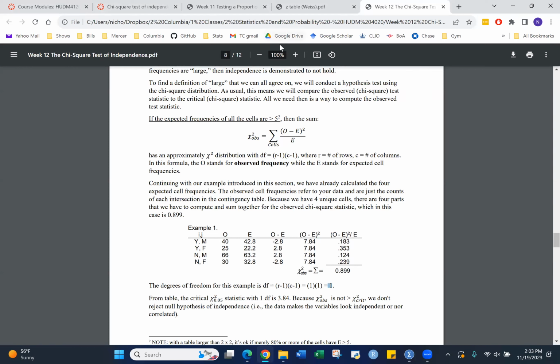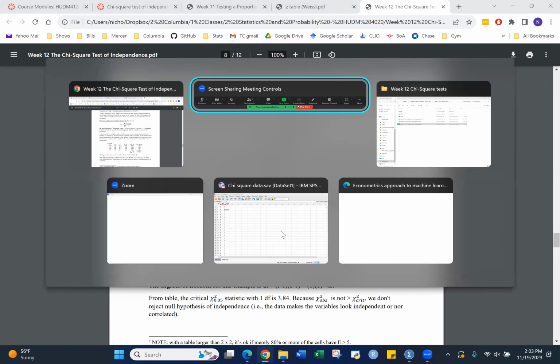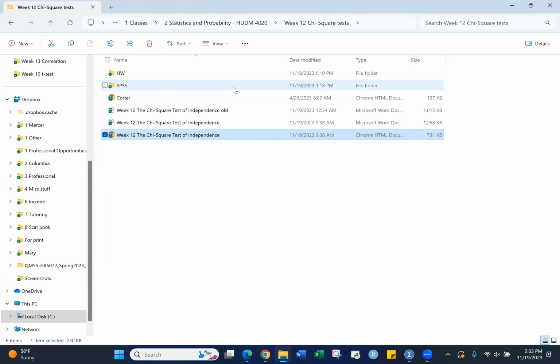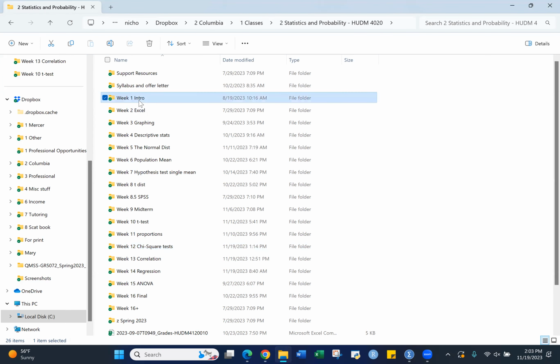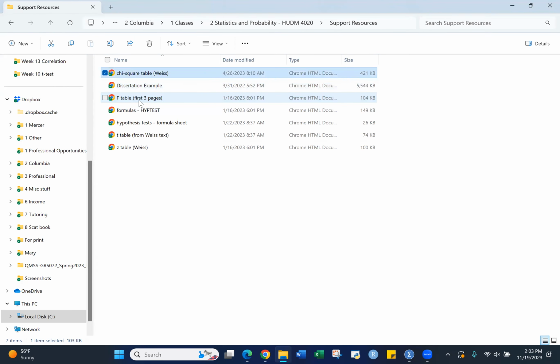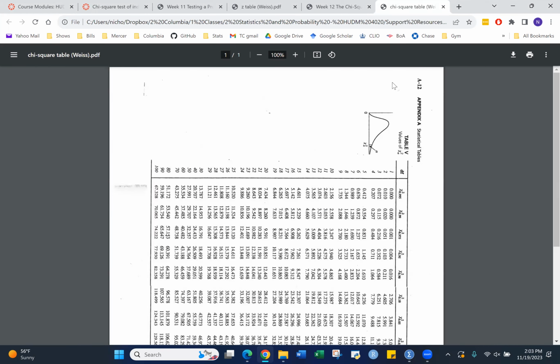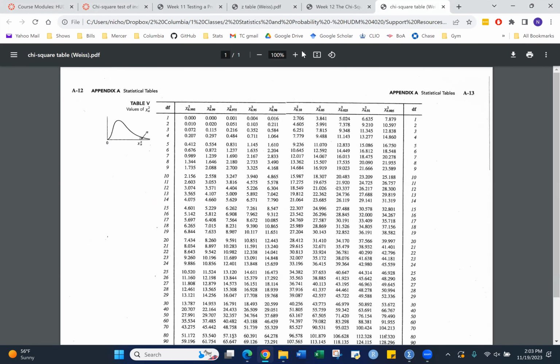So I'm going to come to a chi-square table. This is posted in Canvas under your general support resources. I have a DF of 1 and an alpha, I believe, of 0.05.